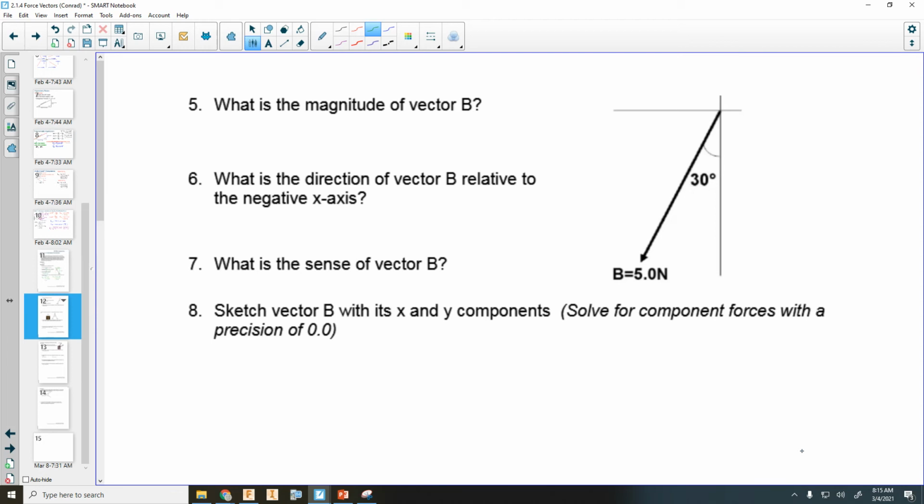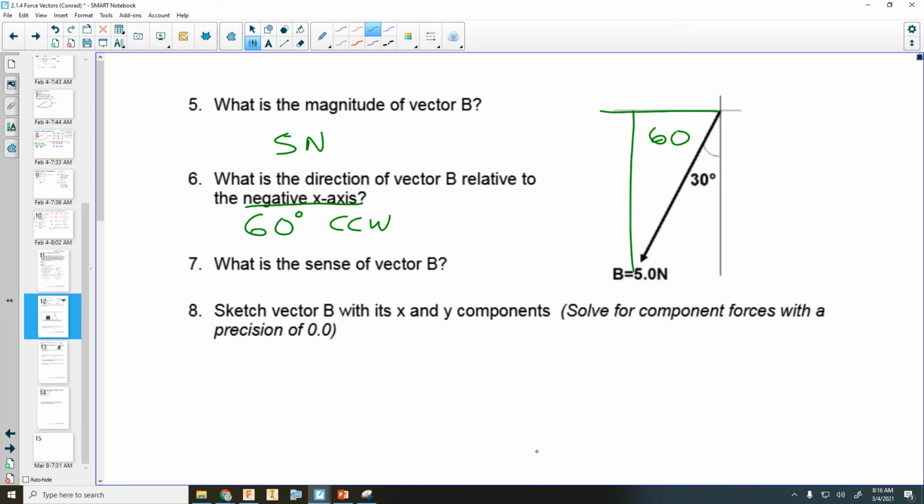Now what do we have? We don't even need to do any math. What's the magnitude of B? 5. What's the direction on this one? 60 degrees, and we would say counterclockwise from the negative x-axis, because this would be 60 and this would be our negative x-axis, right?